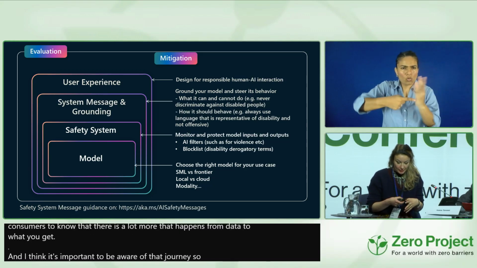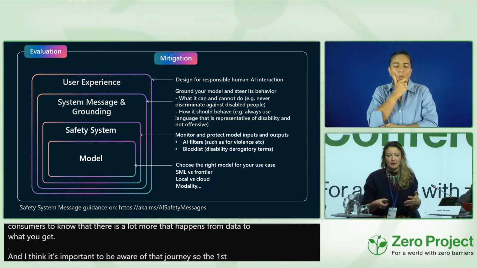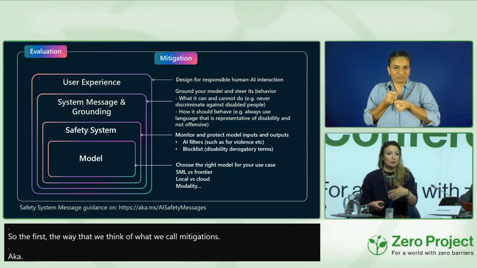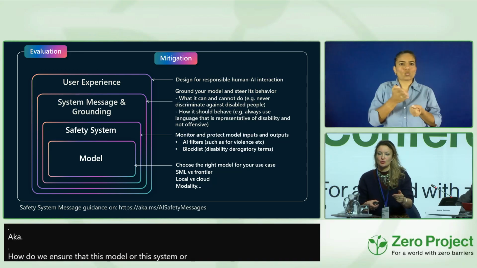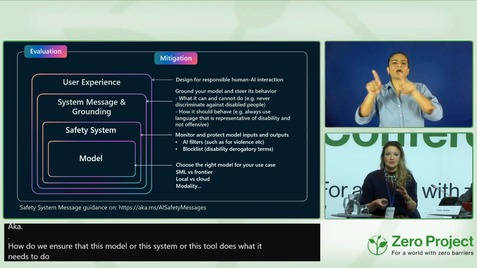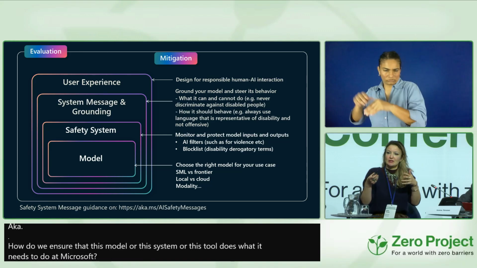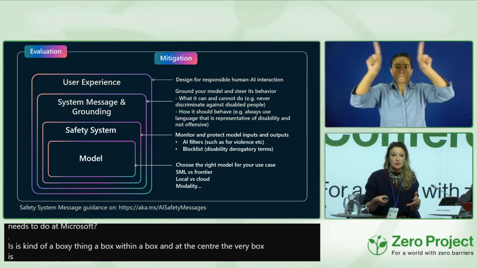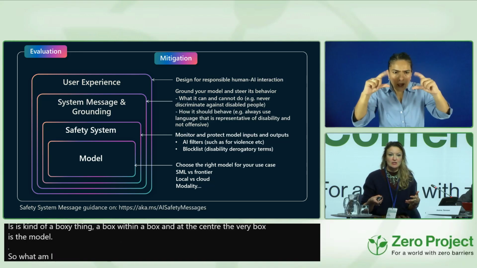So the way that we think of what we call mitigations, aka how do we ensure that this model or this system or this tool does what it needs to do, at Microsoft is kind of a box within a box within a box. And at the center, the very first box is the model. So what am I using? Am I using something like Claude?